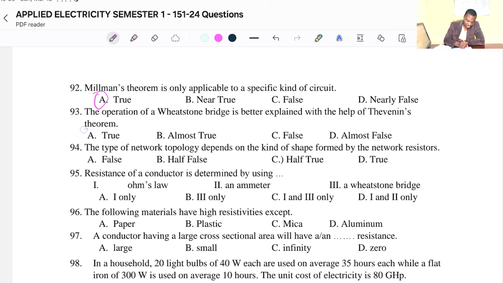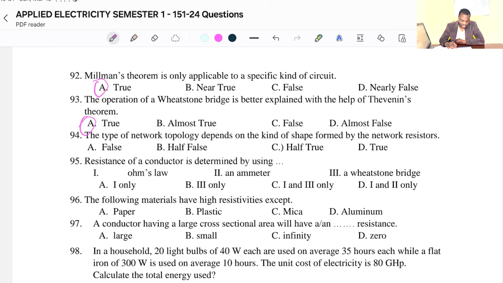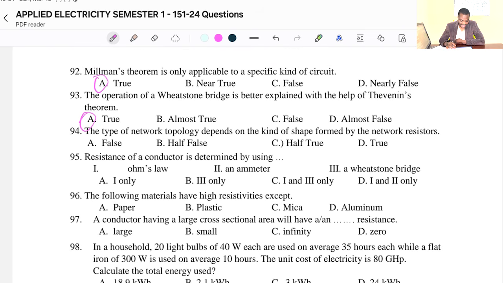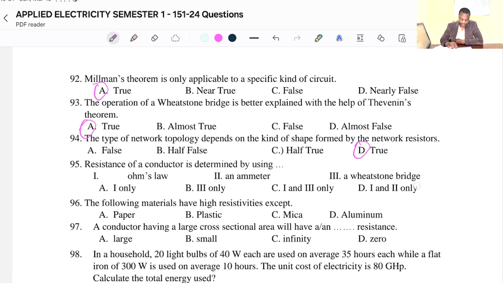So this one too is true, right? We can use Thevenin's theorem to explain how the Wheatstone bridge operates. 94. The type of network topology depends on the kind of shape formed by the network resistors. So this is also true. So the answer here is D, right?